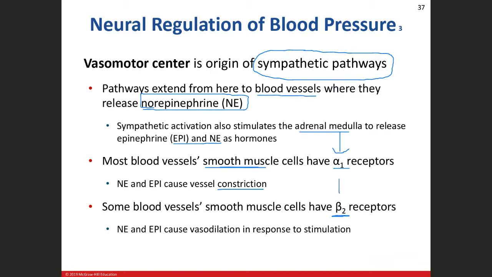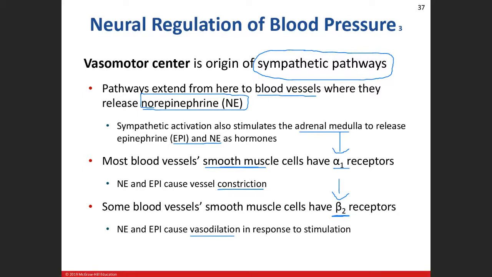When we stimulate the beta-2 receptors, we have vasodilation. Okay? Just keep that in mind. And again, it's all from the sympathetic nervous system. No parasympathetic nervous system. When we stimulate the alpha-1, we get vasoconstriction. When we stimulate the beta-2, then we get vasodilation.